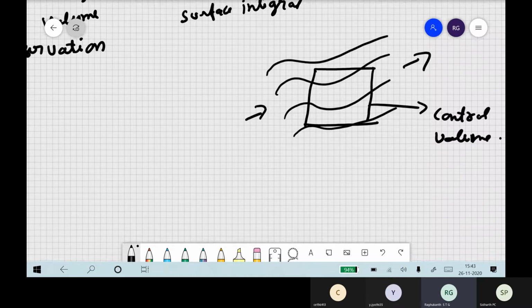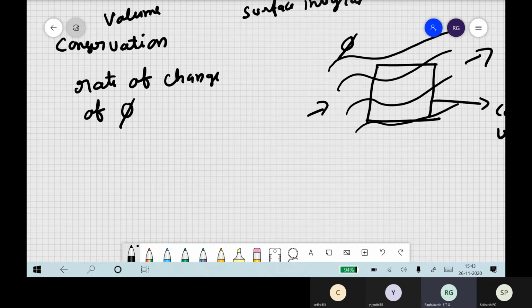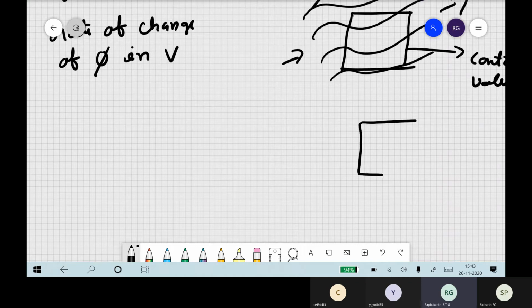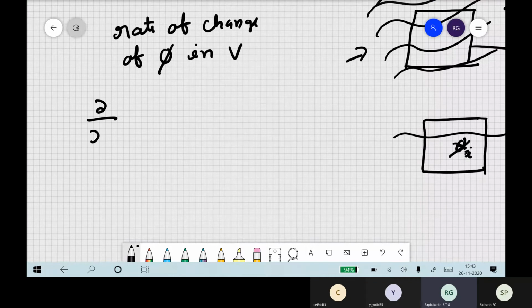So control volume if I take, now generally if I try to find out in that volume the rate of change of some function, okay, if this is a phi, which is a flow here, so in this small region we are taking in this volume, phi is flowing like this actually. So if I try to find out the rate of change of phi, that is dou by dou t, integral phi over this volume, dv.